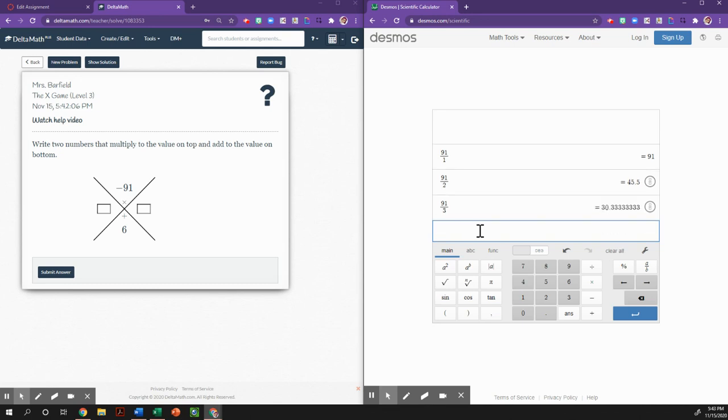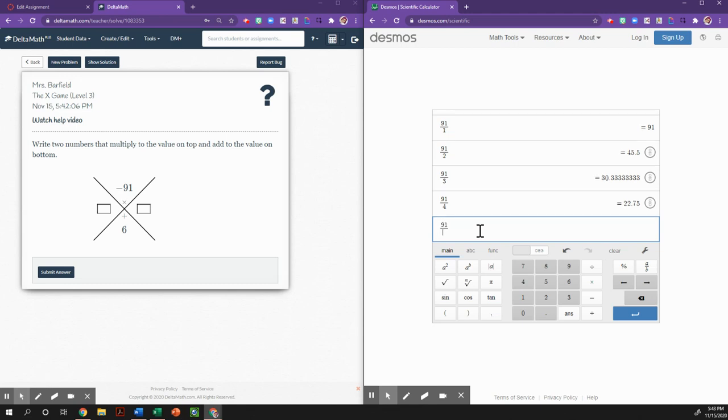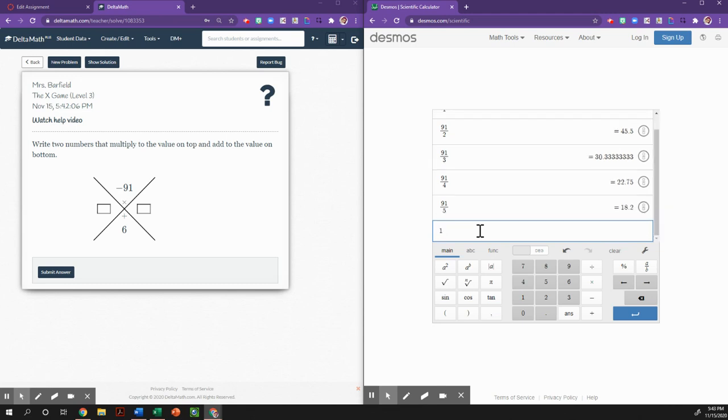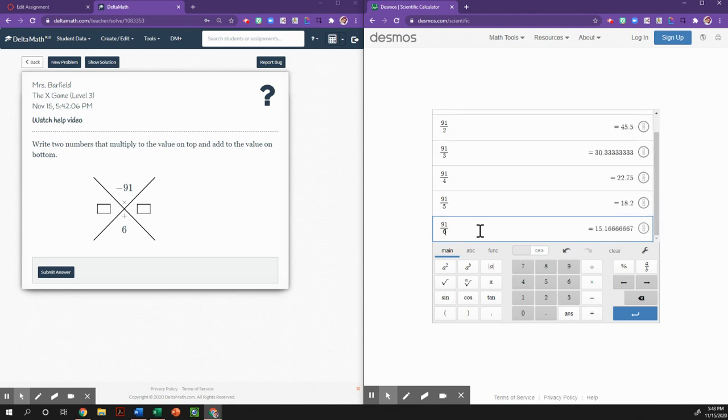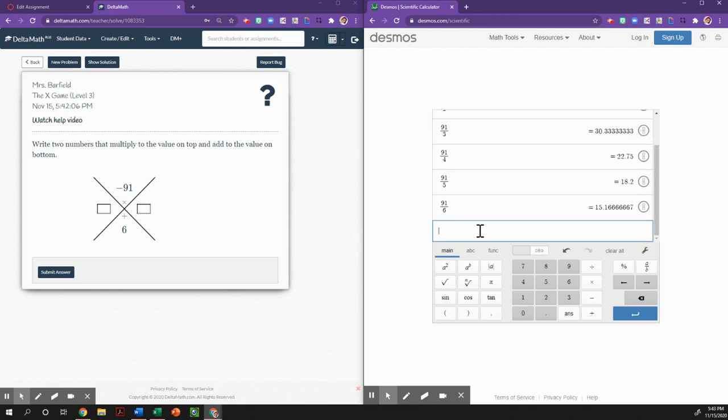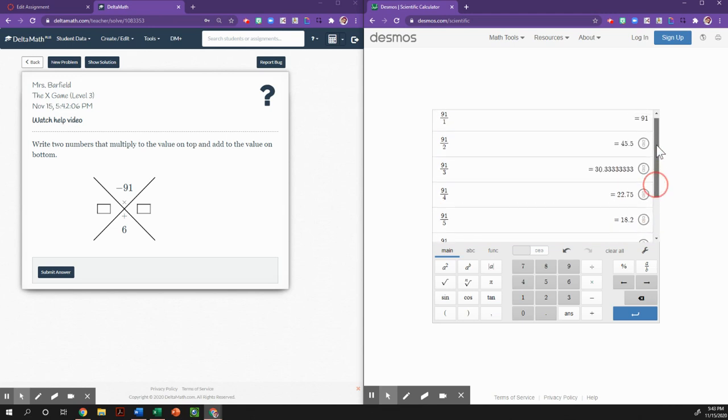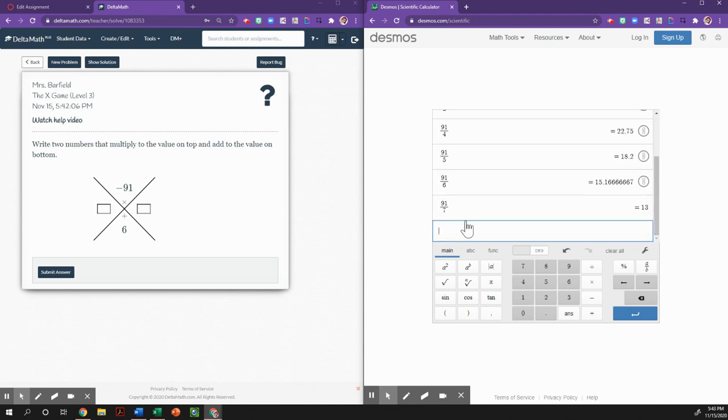Divided by 3, divided by 4, divided by 5 is not going to work. 91 divided by 6. Okay, the struggle is real on this one. Okay, 91 divided by 7. Now one of the reasons I stopped was because decimal answers don't do me any good, but I got a solid whole number.